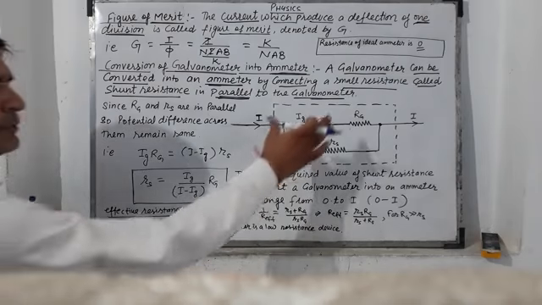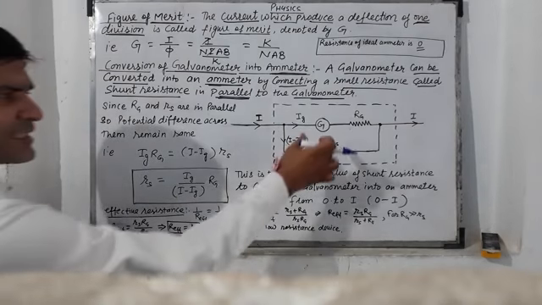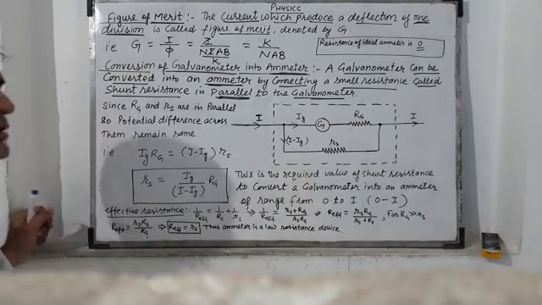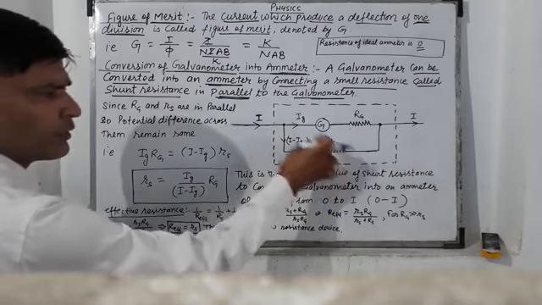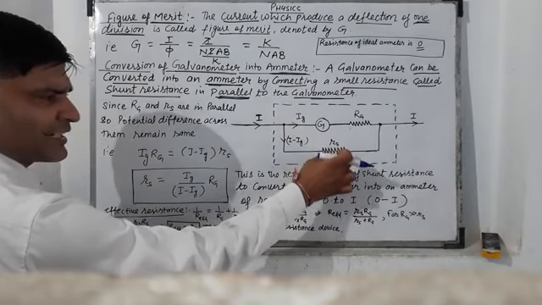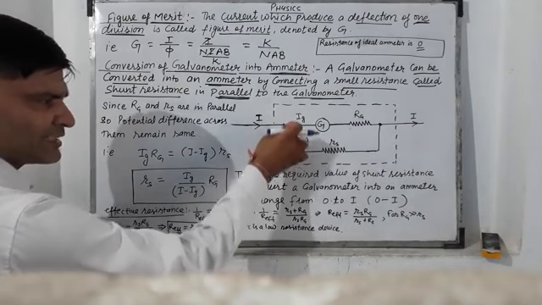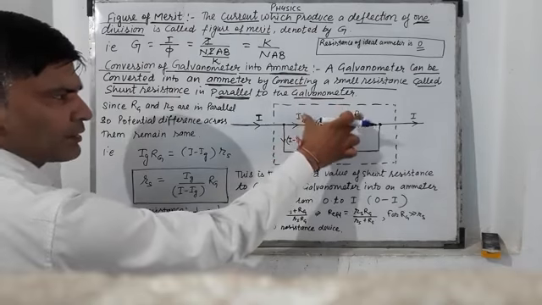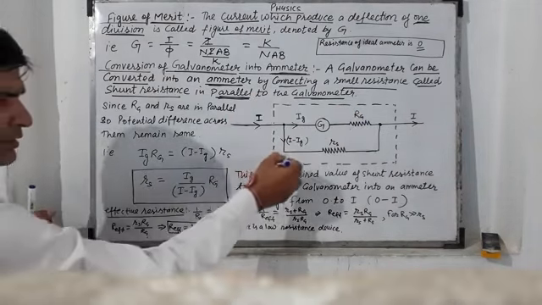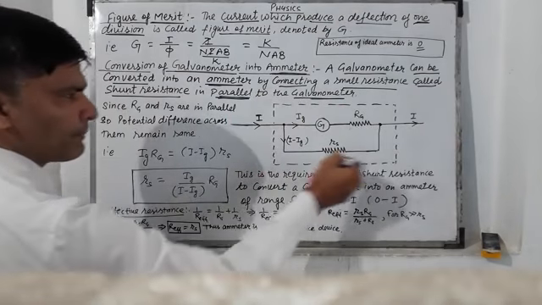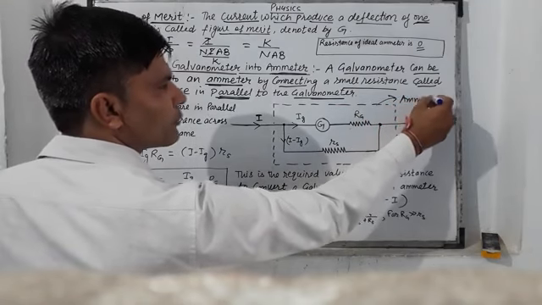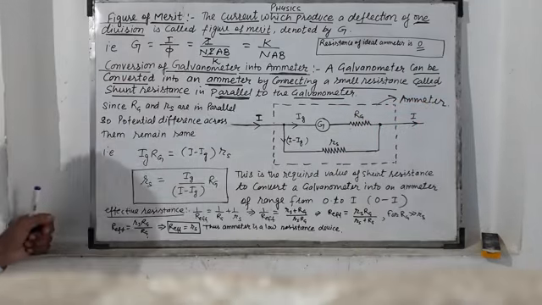The diagram shows this: this is the galvanometer and this is the resistance of the galvanometer. A small resistance RS, called shunt resistance, is connected in parallel to the galvanometer, and this dotted box represents the ammeter.